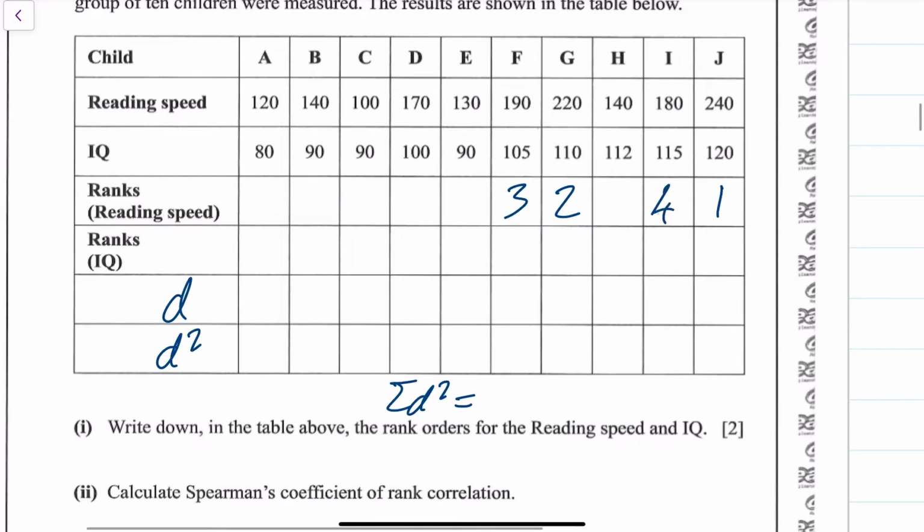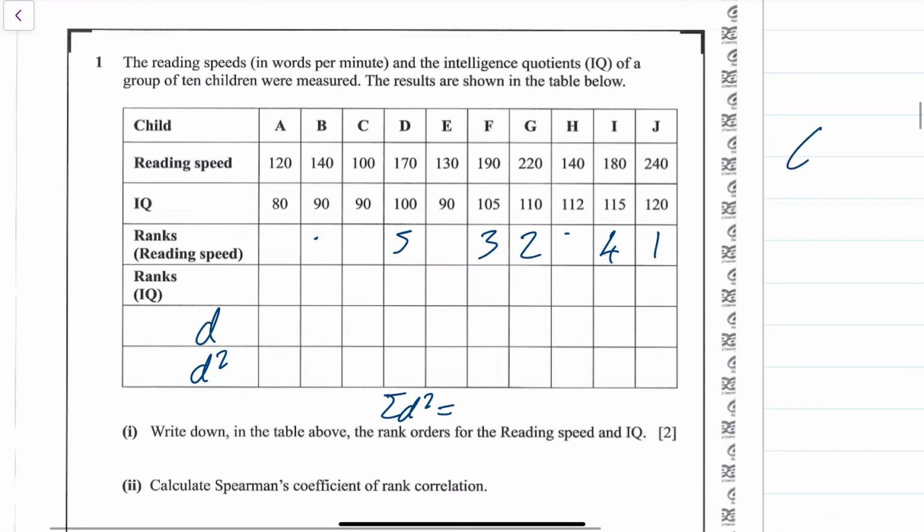the next one is 180, and that's my 4, and the next one is 170, that's my 5. And then this one is 140 and 140 there, joint, so that would have been the 6th and the 7th. They both get given the same: do 6 plus 7, divide by 2, you get 6.5 and 6.5.